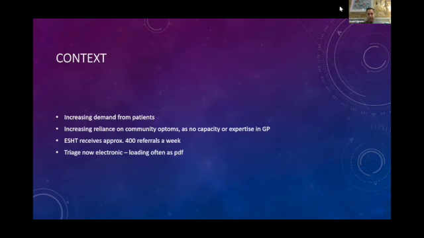So it's therefore important that the letters we get, both from the general practitioners, but also the optometrists, are quite succinct and highlight what the problem is that we need to look at, because often a consultant will be looking at many of these, whenever they've got a minute, usually in my lunch break, I'll burn through 30, 40 referrals. So it is important that the messages that you're trying to convey are quite clear.